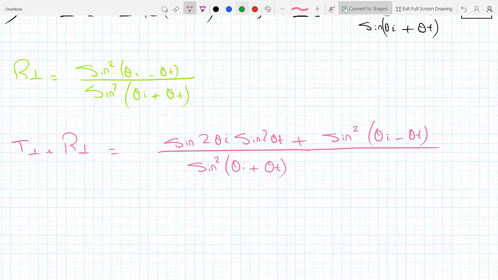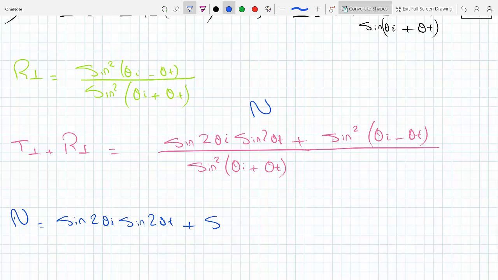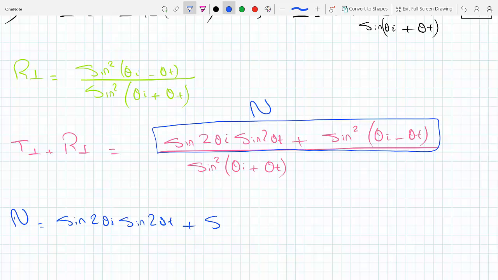So I will take this guy here, call it the numerator N. So N equal to sine 2 theta I sine 2 theta t plus sine squared theta I minus theta t.